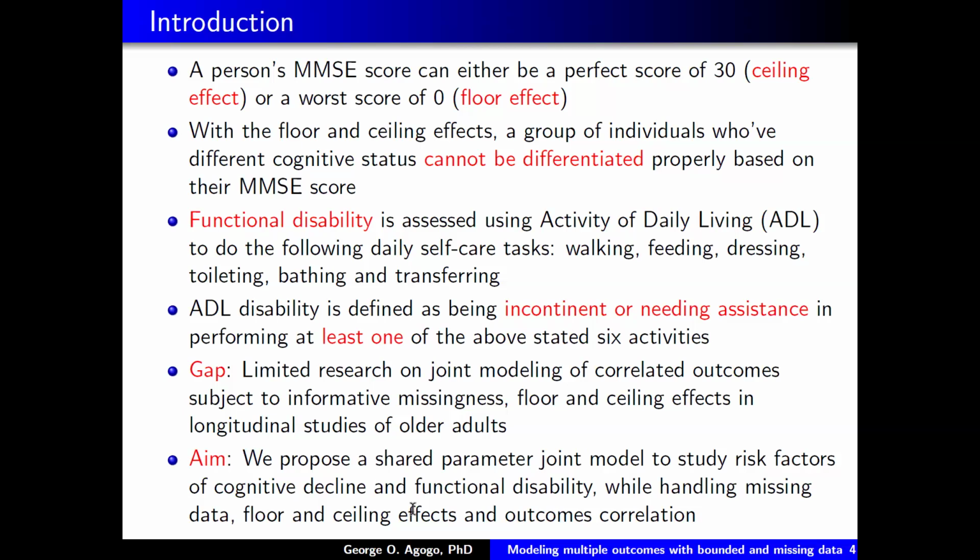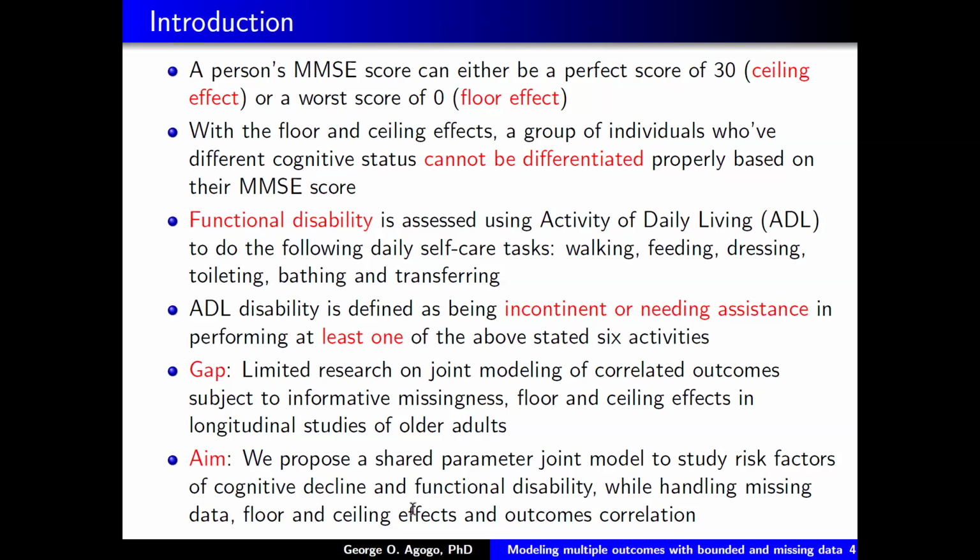Therefore, we proposed what we call a shared parameter joint model to study risk factors of cognitive decline as measured by MMSE score and functional disability as measured by ADL disability, while handling the missing data, because we are using a longitudinal study where we follow elderly people over time.